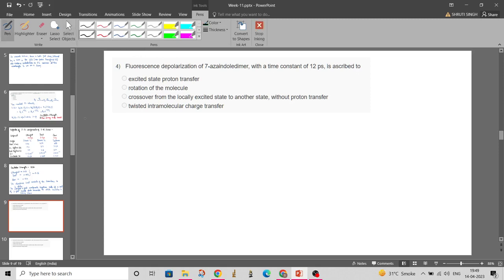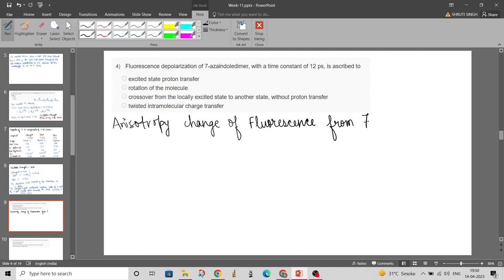The data discussed in the course regarding this question was the anisotropy change of fluorescence from the 7-azaindole dimer.